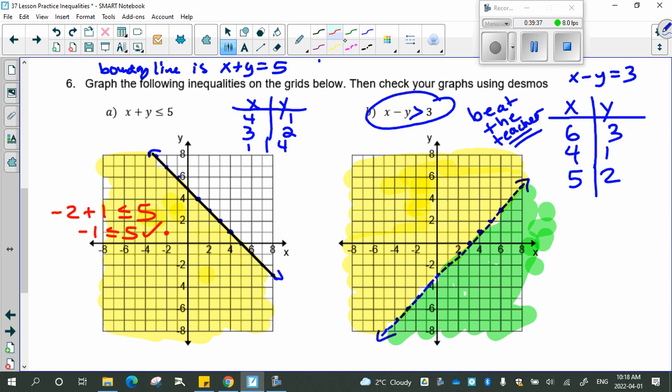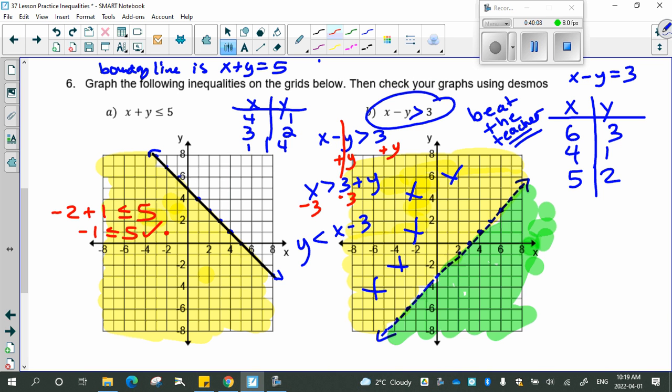And we said that that was because when we rearrange this to get y by itself, we add y to both sides, and then we subtract 3 on both sides. And then we switch sides, so y, the arrow points at the y, is less than x minus 3. So this was wrong.